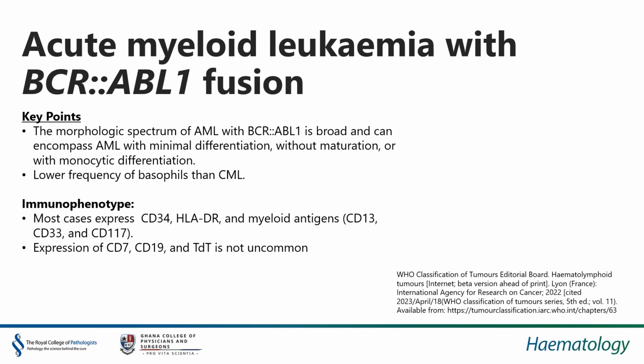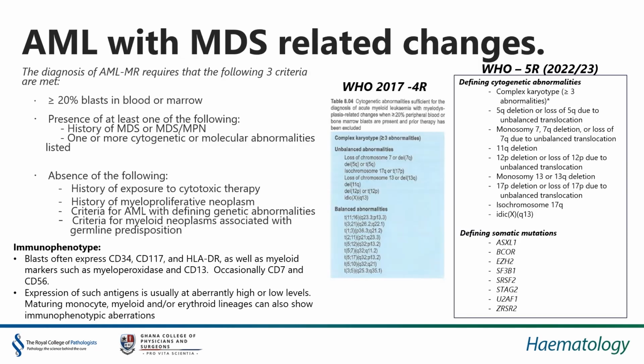And now looking at AML with MDS-related changes. Now, the diagnosis of AML with MDS-related changes requires that 3 of the following criteria are met: greater than 20% blasts in the blood or bone marrow, the presence of at least one of the following, which is a history of MDS or MPN, and 1 or more of the cytogenetic or molecular abnormalities that are listed.